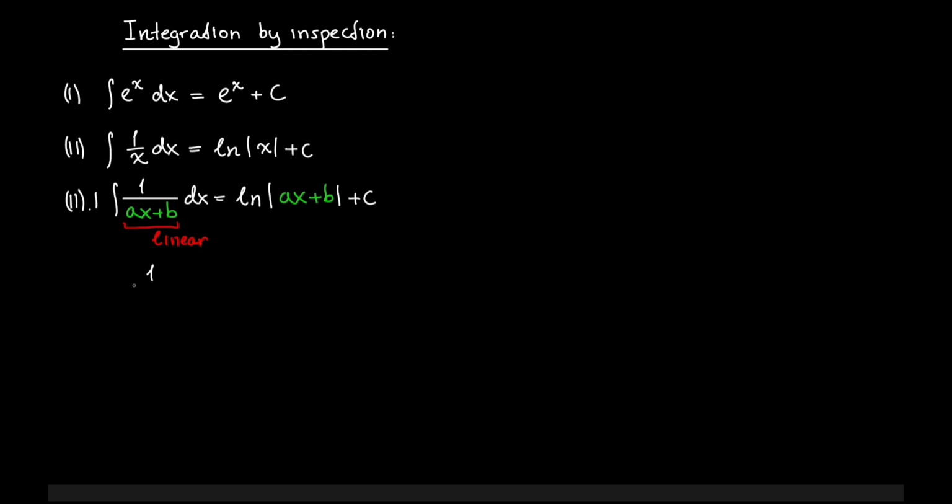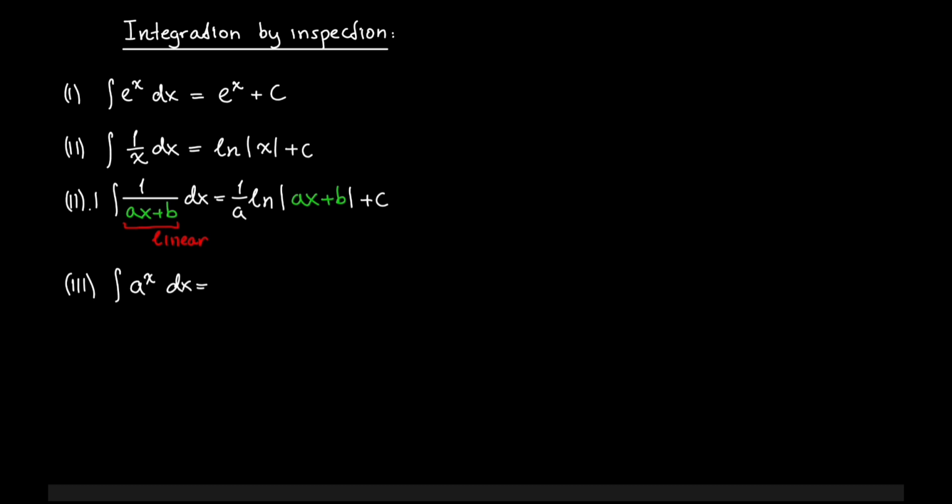If in the bottom you have, for example, 1 over x squared plus x, and you compute this integral, please note that this is not going to be equal to the natural log of x squared plus x plus c and so on. The bottom part must be linear. And of course, don't forget, this is the composite function. So we have to divide by a, which is the derivative of our linear function.